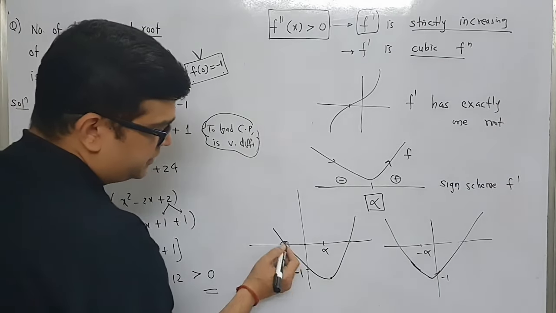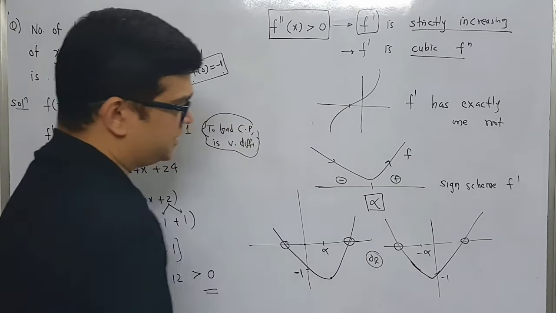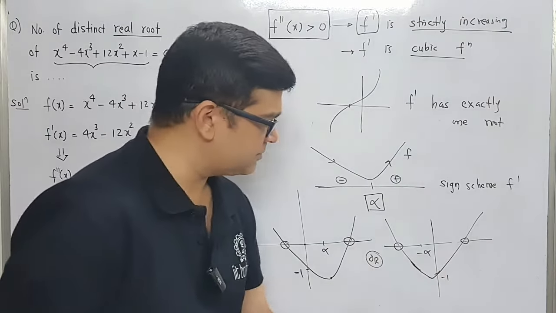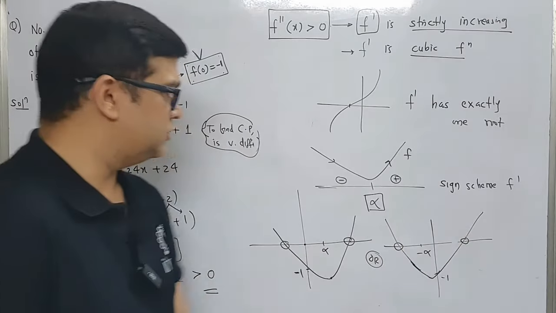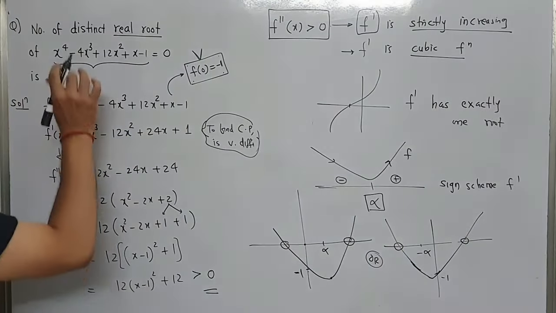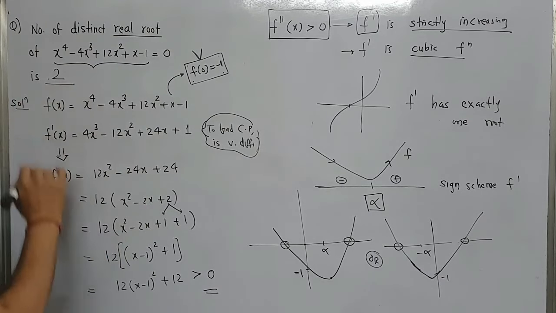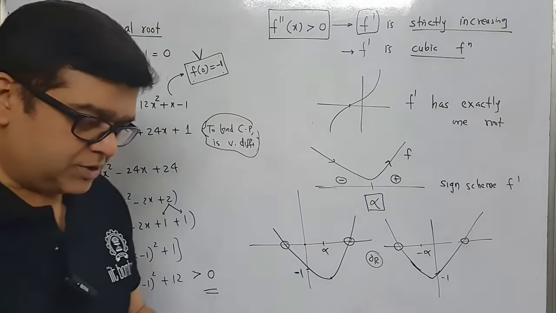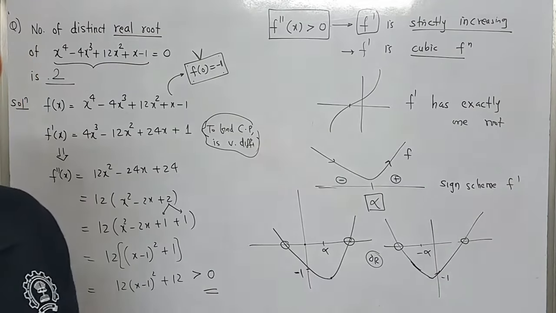You observe that f cuts the x-axis at two distinct points. In both cases, the graph of f cuts the x-axis at 2 points, and therefore we can say the number of distinct real roots of this function is 2. Watch this solution 2-3 times and you will understand, because this is a most expected question.